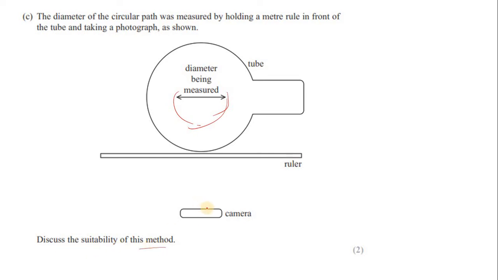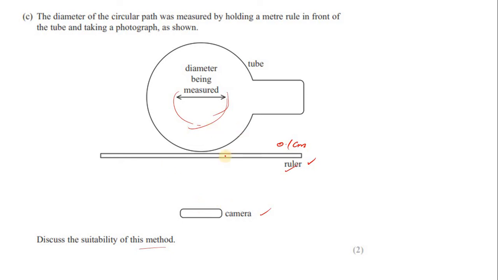The first thing is we are using meter ruler. That means the resolution of meter ruler is 0.1 centimeter, and the measured quantity is greater than this, so we have a very less percentage uncertainty. That means using the idea of a ruler is good. We can have a reliable measurement, but the problem is with camera, because we are using camera at the center.